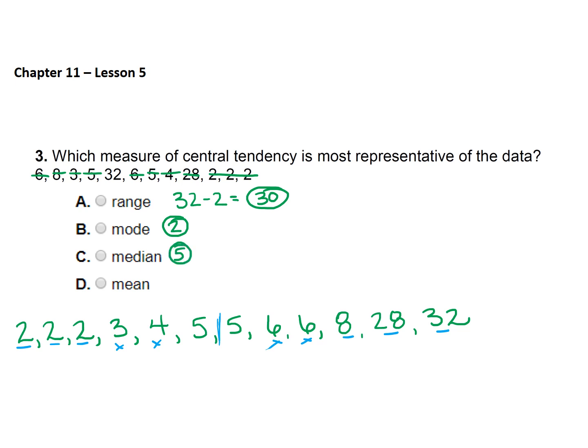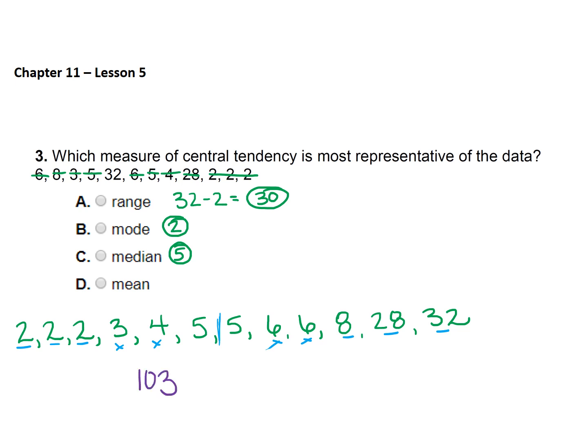All right, and we are going to add up the data for the mean. So when we add up all of the data here, I'm going to use a different color. We get 103.